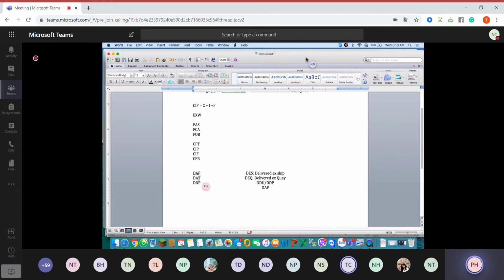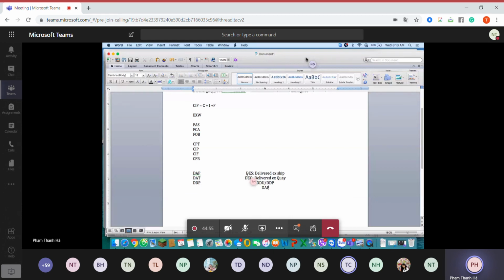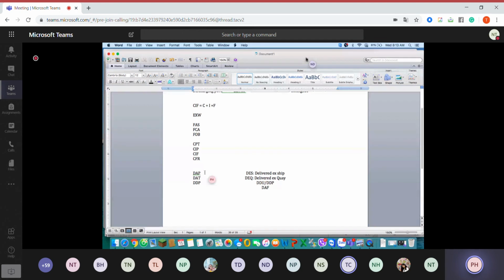DAP and DAT in Incoterms 2010 were actually developed from the DES and DEQ. DAP originated from the DES, which means the goods still stay on the ship, and the seller doesn't need to unload.